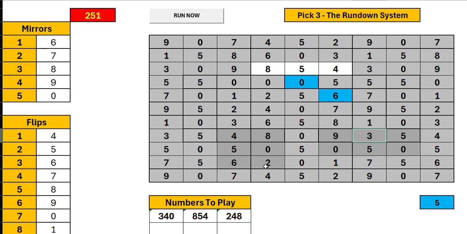I don't see anything. There's a 6 here going this way as well. There's a 6 down this way. There's a 4-8 here. There's a 2-4 here. But they're all not connected.